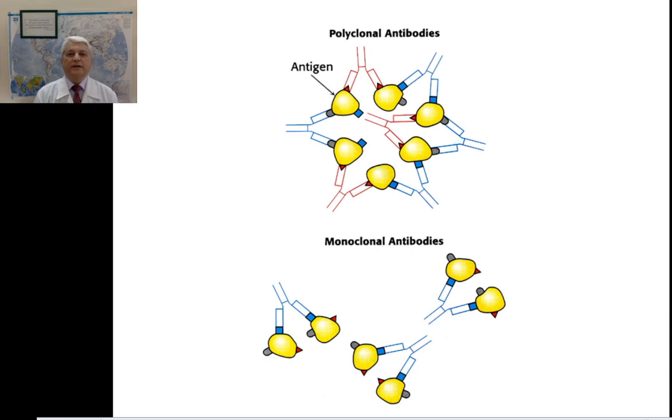Let's go on. Now we must write two definitions. We must explain what is polyclonal antibodies and what is monoclonal antibodies. On the pictures you see antigen with different antigen molecules on the surface, and by blue and red color you can see it is shown different antibody molecules.